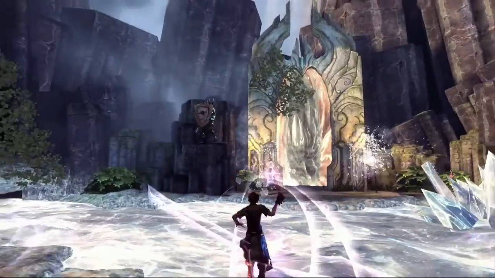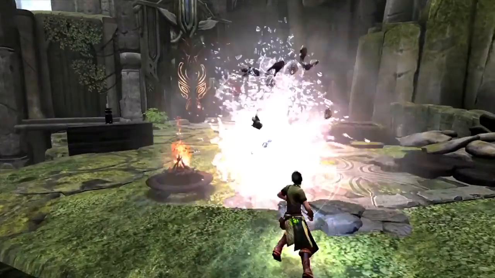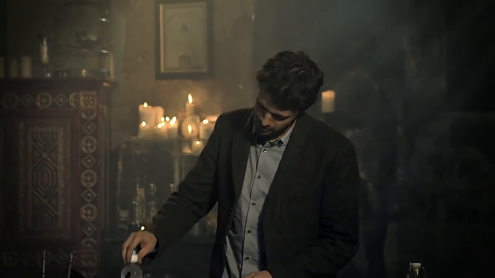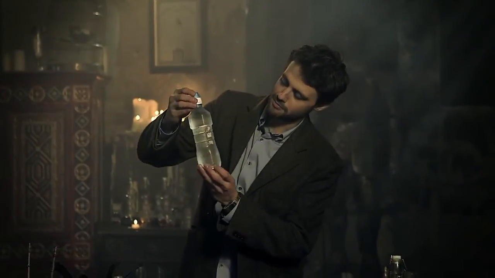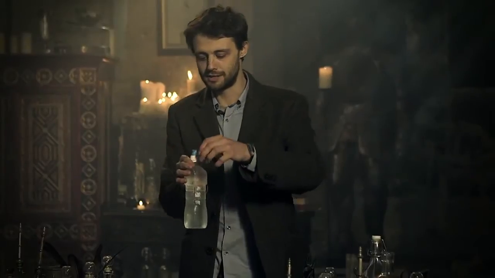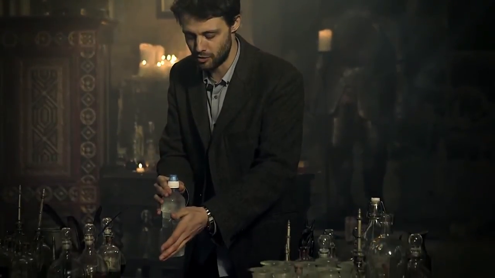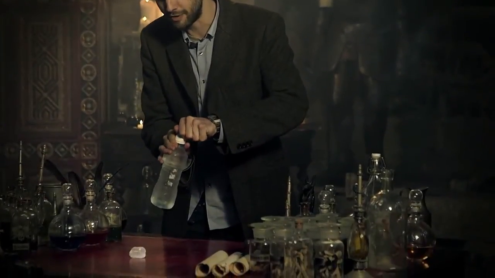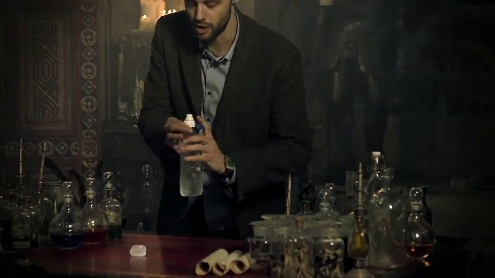Finn is able to freeze rivers in Sorcery, and freezing happens when water goes below 0 degrees. But it doesn't happen straight away. Water needs a little bit of encouragement to turn into ice. And so I've got some water here that's below freezing but hasn't yet turned into ice. And the encouragement I can give it is to pour it over some ice that already exists, and hopefully the crystals will grow over the ice.